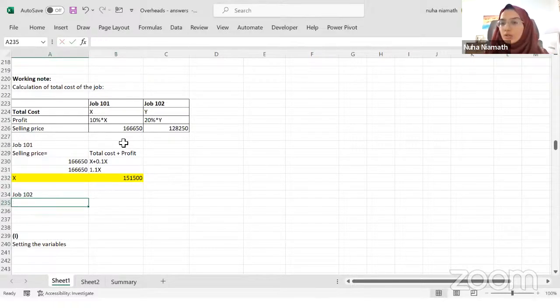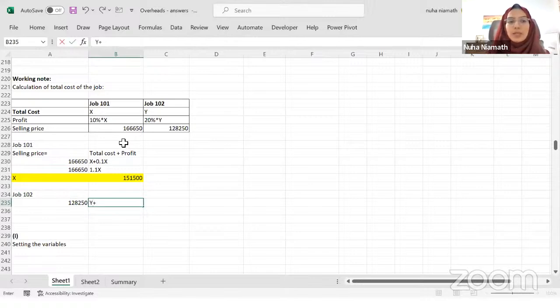Thank you, Ranjita. That was quick. Let's see if that's the right answer. So let's get directly into the sum. Sanha has also got the same answer, so it should be right. So 128,250 is equal to Y plus 0.2, which is 20% of Y. So we have 128,250 equal to 1.2Y.